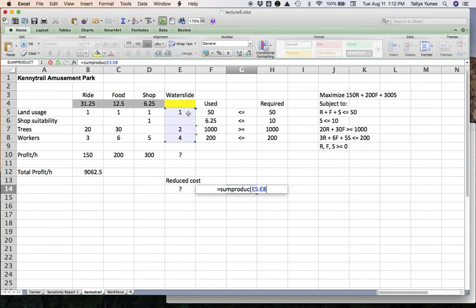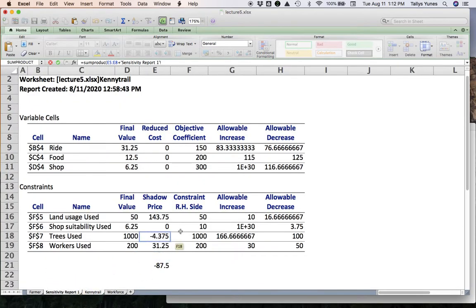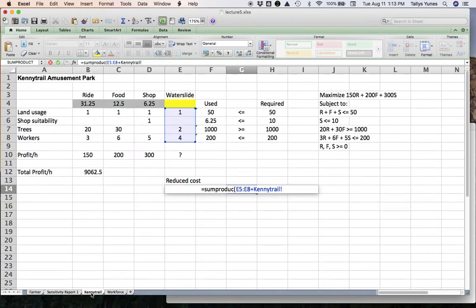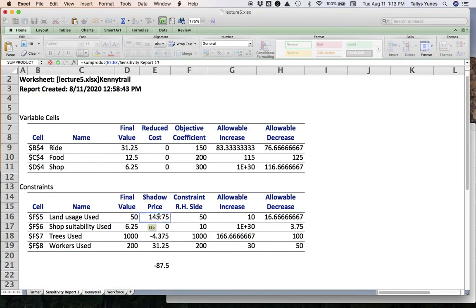Coefficient, that is number in front of variable, coefficient of water slide variable in constraints 1, 2, 3, 4 times the shadow prices of constraints 1, 2, 3, 4. Okay? If I go back here, did I put a comma after that already? Not yet. So it's going to be this set of 4 numbers, comma, this set of 4 numbers. Okay?